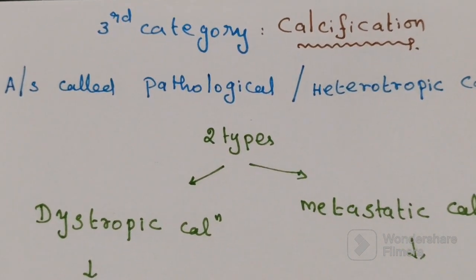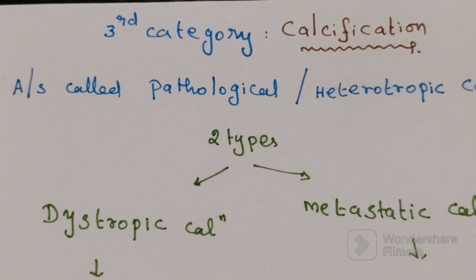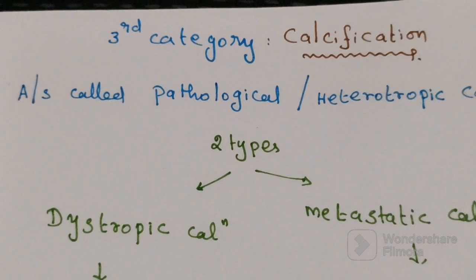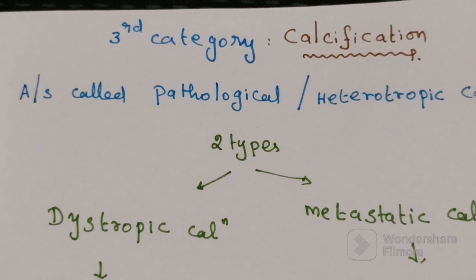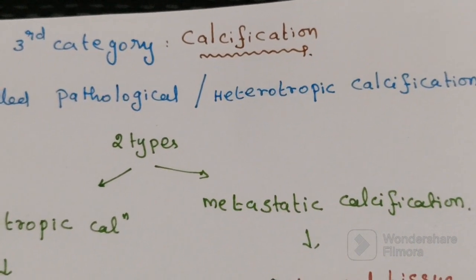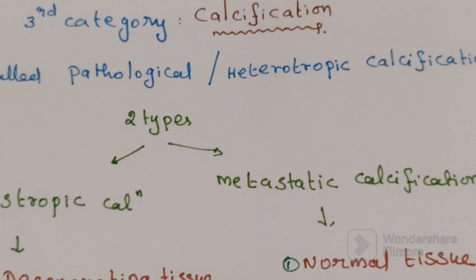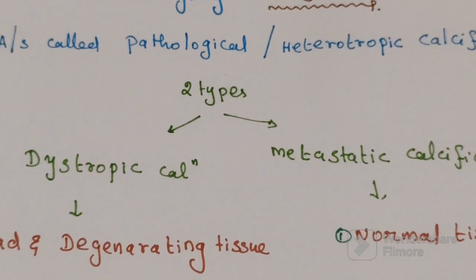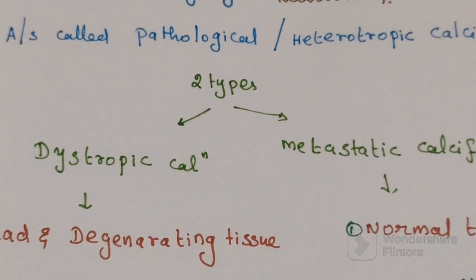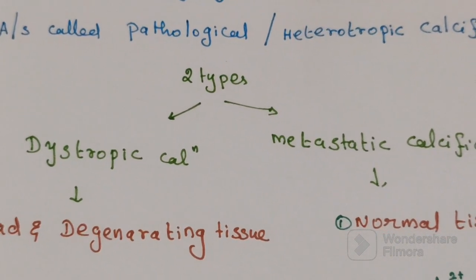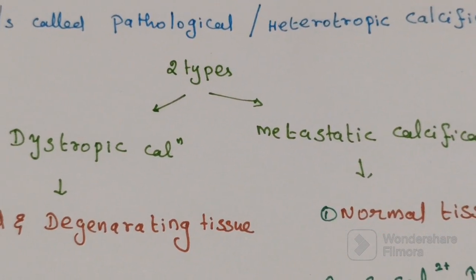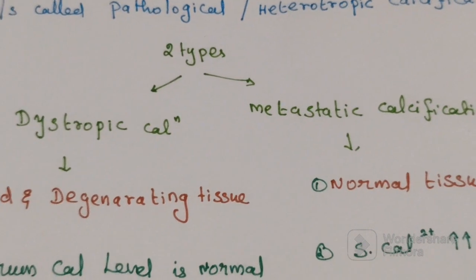Third category, calcification. You can say pathological calcification or heterotopic calcification. It is primarily two types. First one, dystrophic calcification. Second one is metastatic calcification.